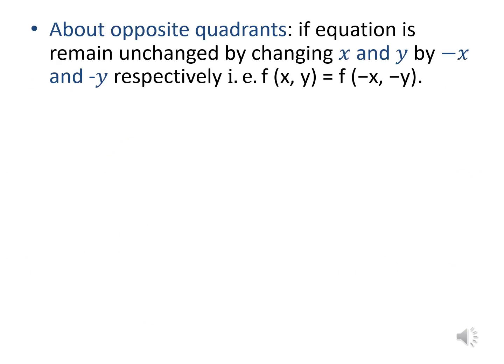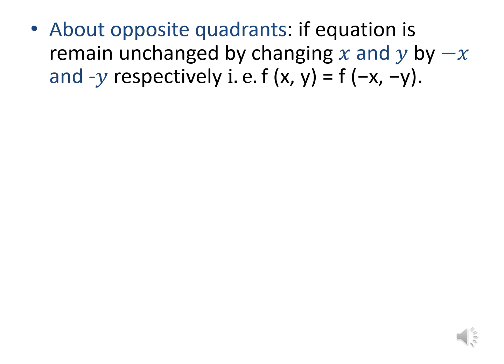If you replace x with -x and y with -y, and the equation of the curve is unchanged, then the curve is symmetric about opposite quadrants. As you know, in the first quadrant, x and y both are positive, while in the third quadrant, x and y both are negative.